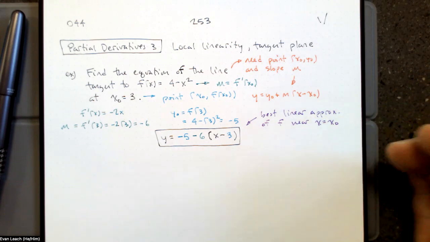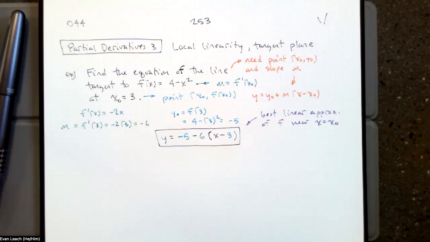The reason this is the best linear approximation is because a linear function has only two things, a location and a direction. And this line agrees with the function in location and direction.